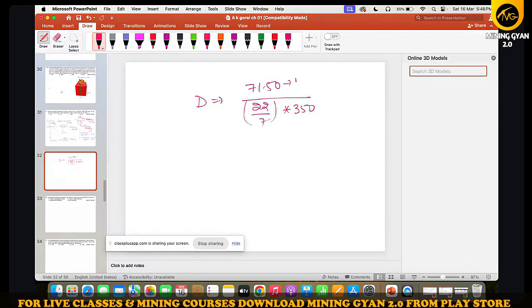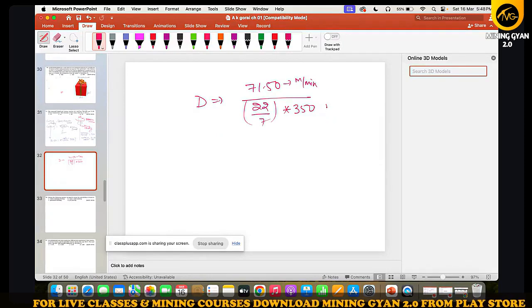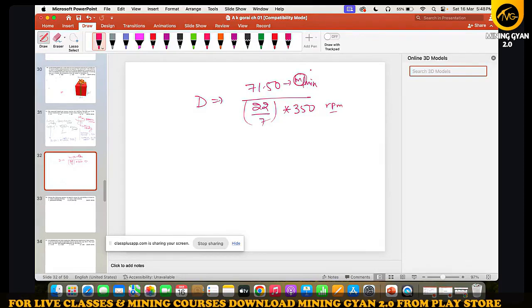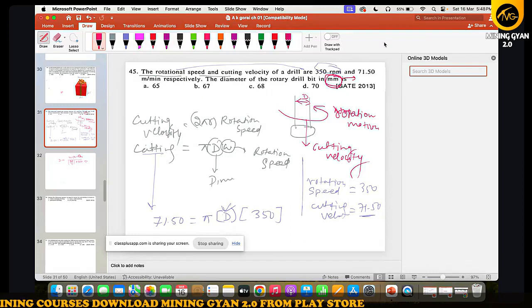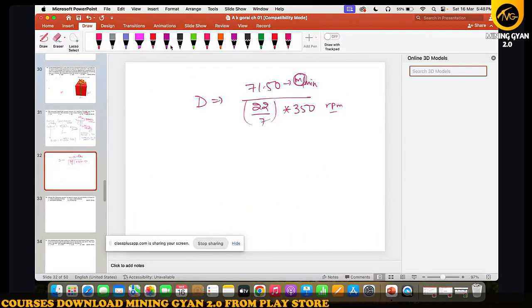So the velocity is in meter per minute and the rotation speed is in rpm, per minute, right? So we have to change the units to minutes. Why? Because he has told us to give the answer in mm. So we will solve it.